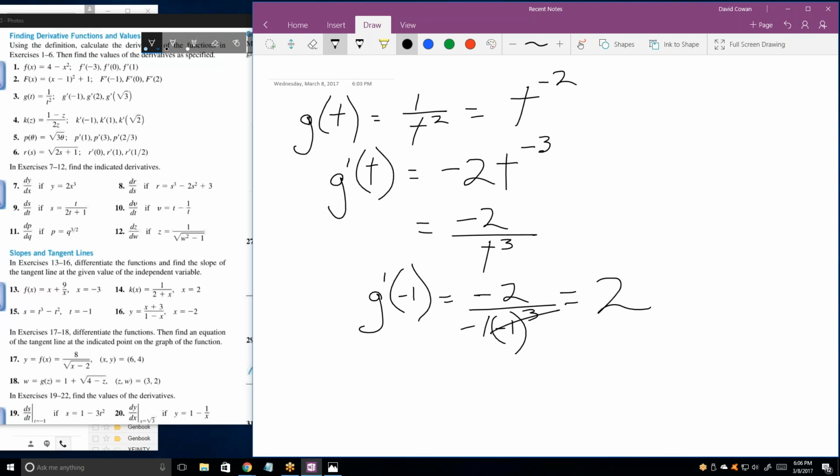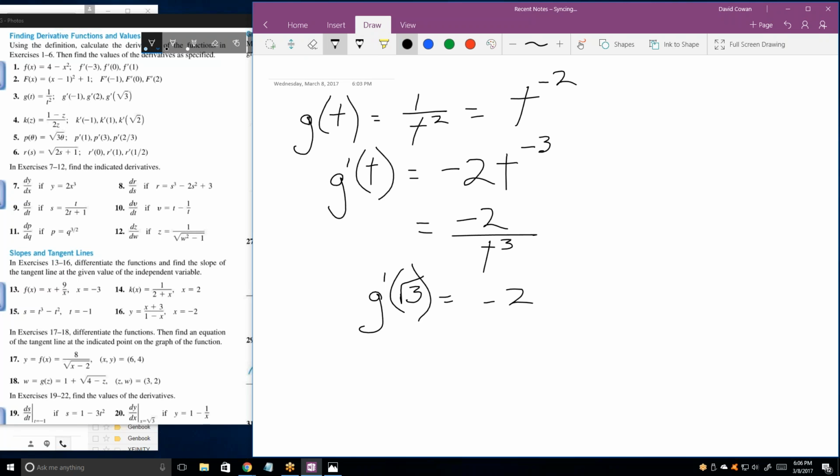However, what's g prime of root 3? So root 3 to the third power, would that cancel that out? Hold on. Well, first of all, spell it out. In other words, don't try to answer it all in one question. Do this.